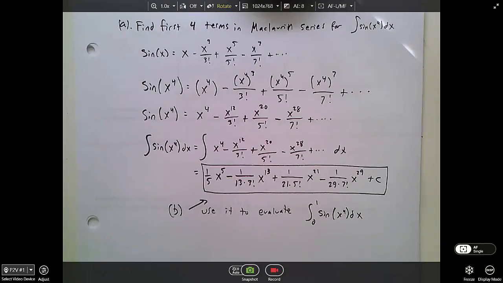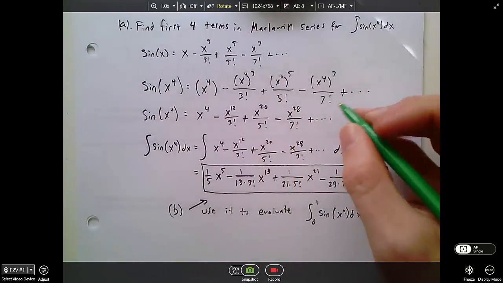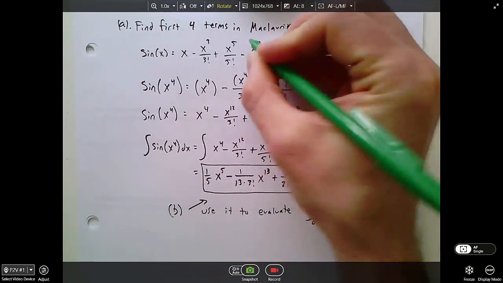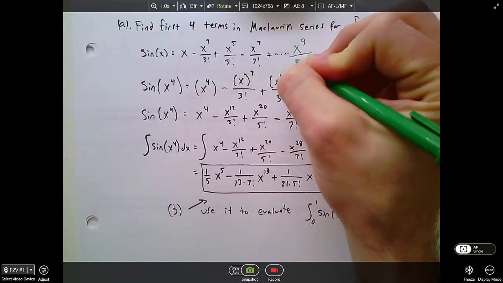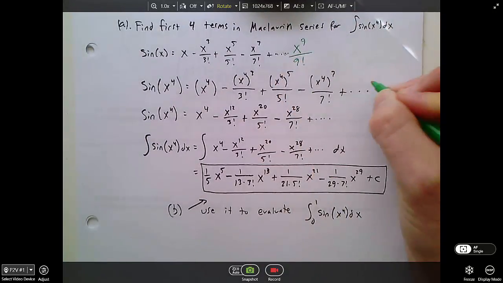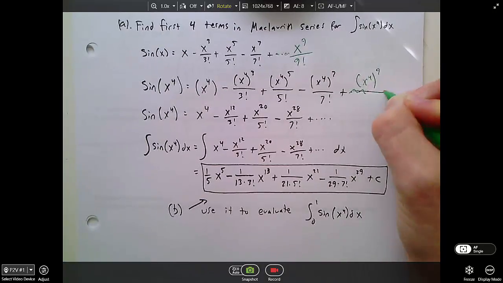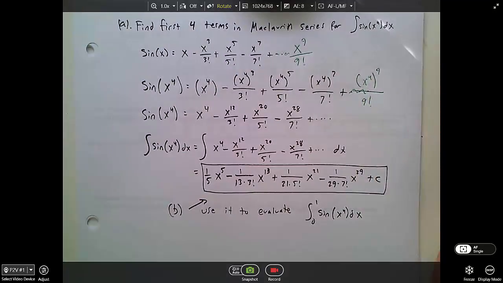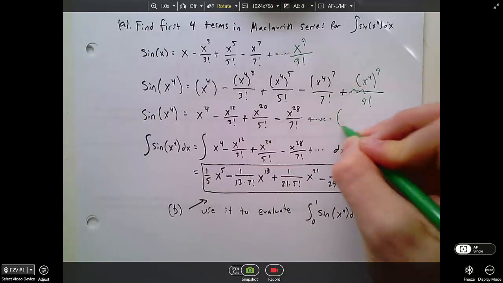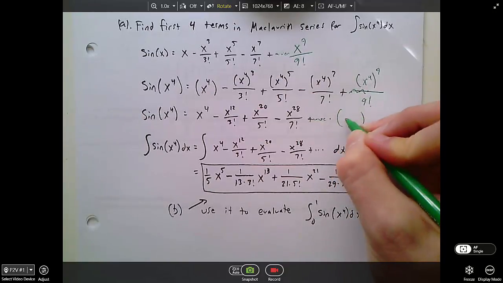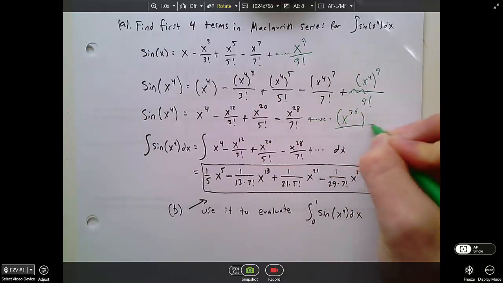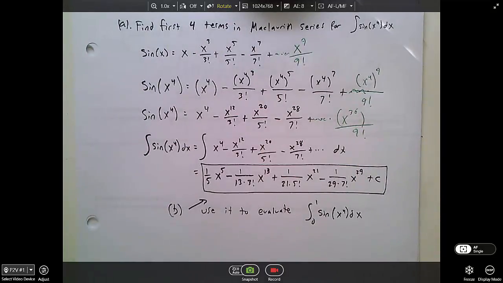Here was our first page, so let's just go ahead and add another term here. So I had x to the 7th, so that'll be x to the 9th over 9 factorial, which means that when I substitute, I'll have x to the 4th to the 9th power over 9 factorial. And when we simplify that, that's going to be x to the 36th over 9 factorial.